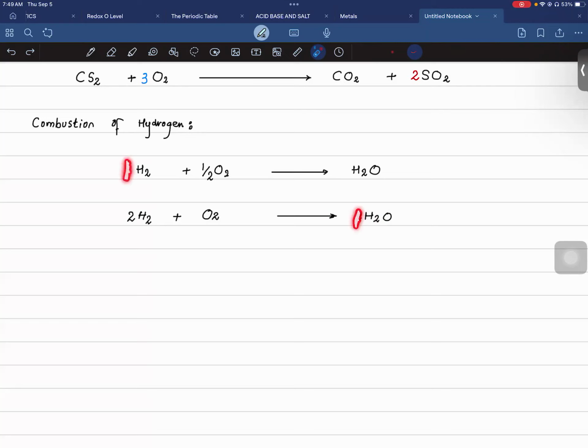This is very important to know. So this is all about standard enthalpy change of combustion. We would be discussing the different processes later on.